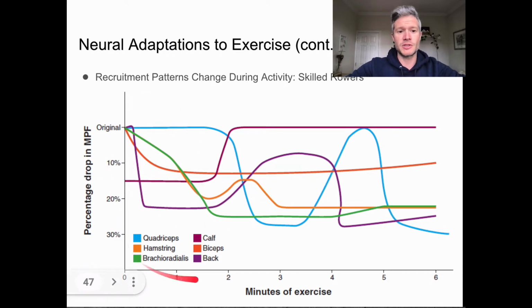So again, in the first, let's say, 2 minutes of exercise, a skilled rower and a strength-trained individual might both excel and demonstrate a very high level of, say, quadricep recruitment and power and force production.